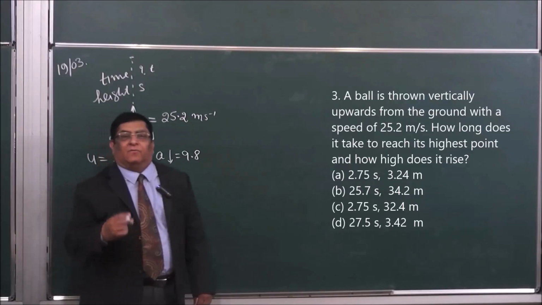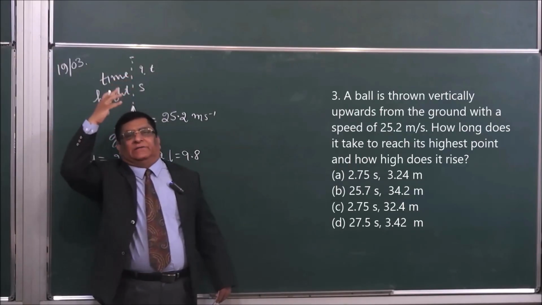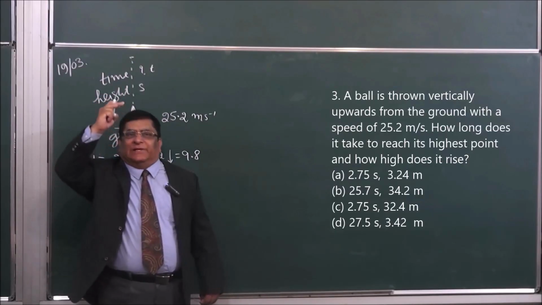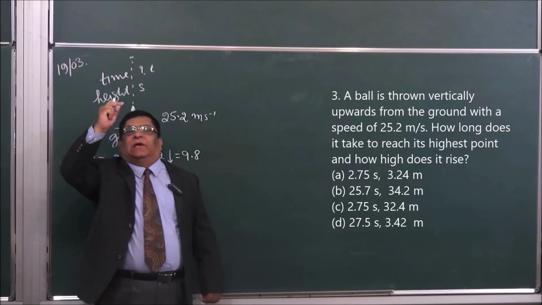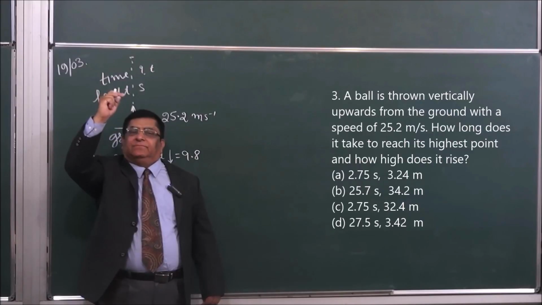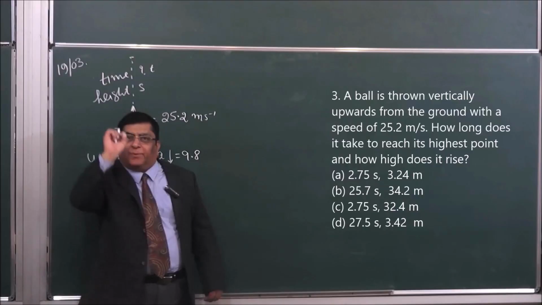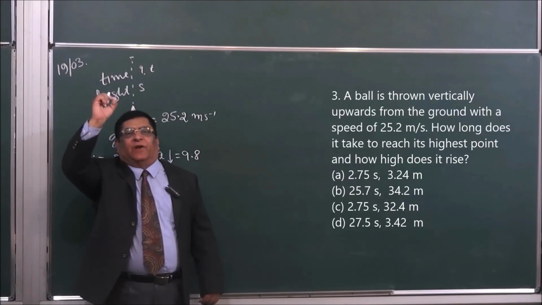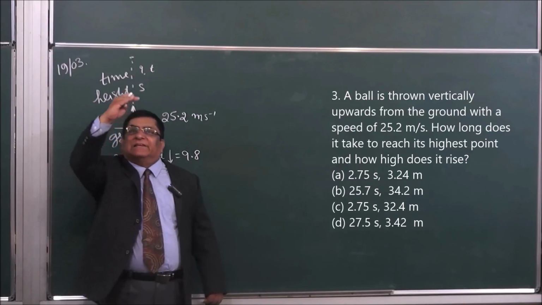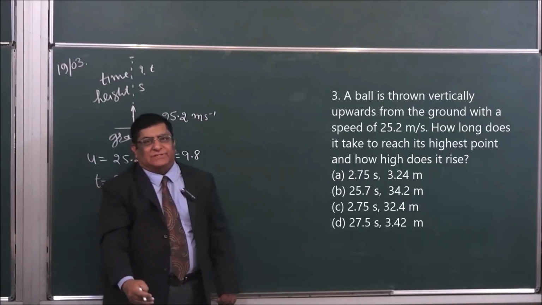Whenever a ball is thrown up and it reaches maximum height, it is not going up any more. It will stop, and after stopping, it will turn back and come down. So for that particular instant, what will be its velocity? That is 0. The velocity goes on decreasing, becomes 0. Again it increases, and comes to the same value.